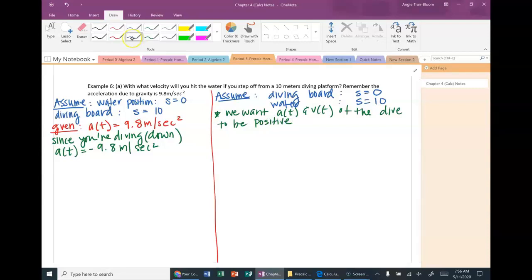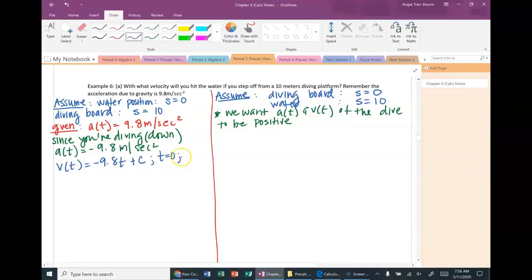So let's start with the left. We have velocity is going to be the antiderivative of acceleration. So negative 9.8 times t plus some constant. We have to find that constant. Now to find the constant, you have to be mindful. We will use the time at 0. You have to come up with a point that you know. So t equal to 0.